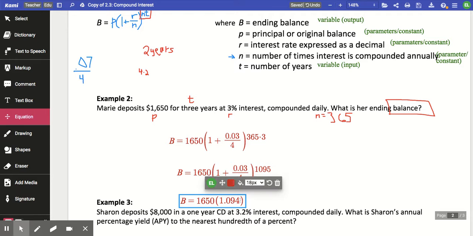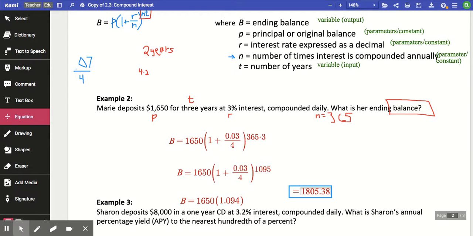So over the course of 3 years, we're actually earning 9.4% interest on the total principal. And that comes out to a final balance in the account of $1,805.38.